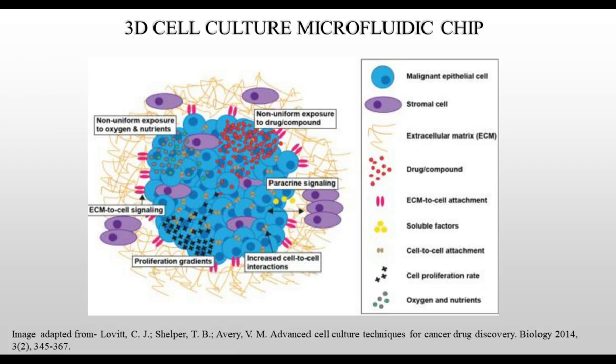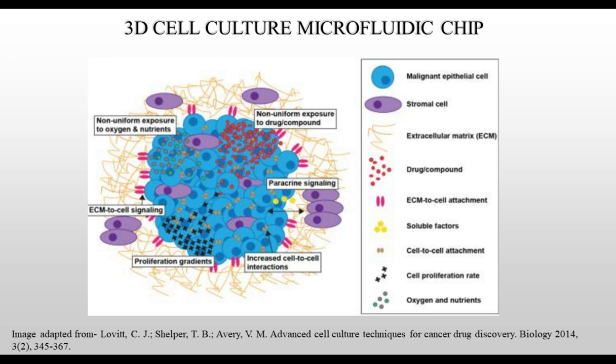Now, when we come to a 3D environment, everything changes. 3D tumor models are most ideal to study cancer. Abnormal growth of cells leads to tumor formation, and a tumor comprises several cells in clusters, which makes it challenging to work with. As in the schematic, tumor cells experience non-uniform exposure to nutrients and oxygen.